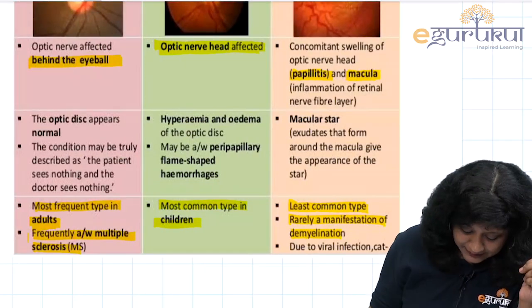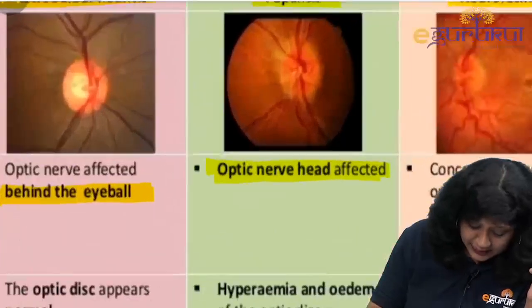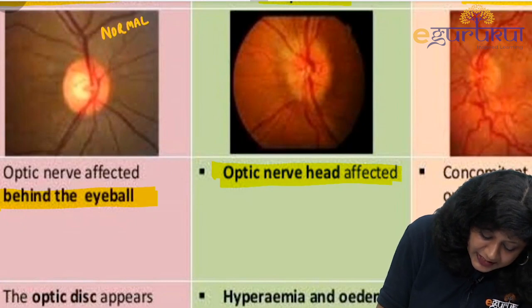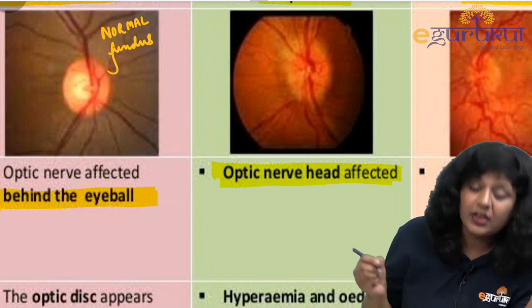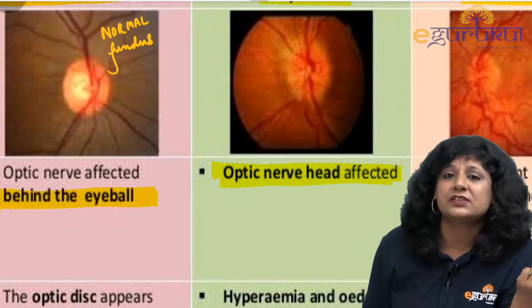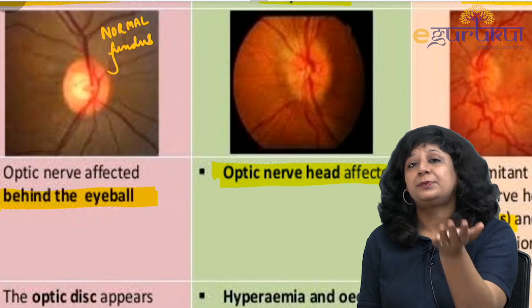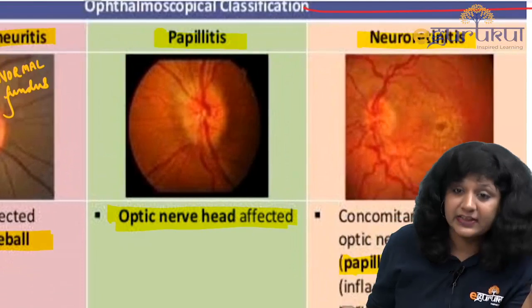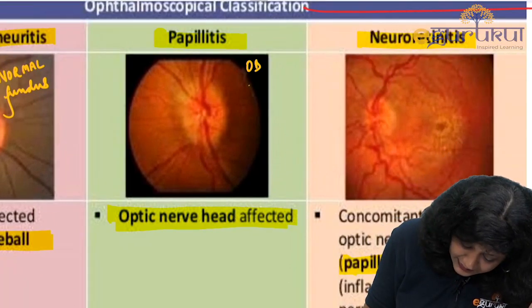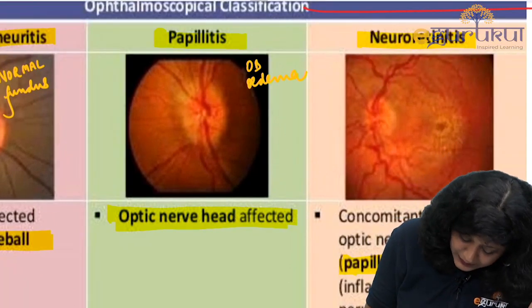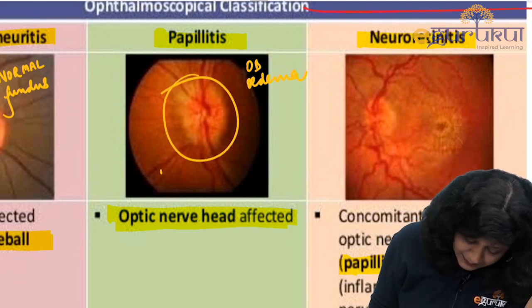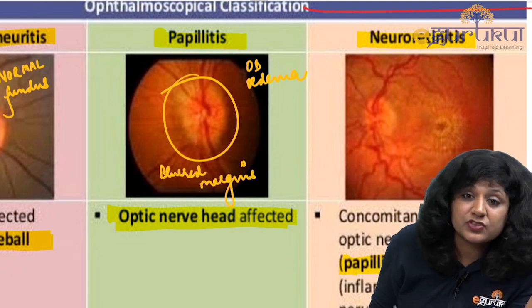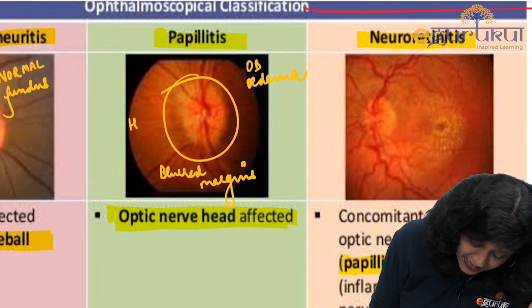Now, what are the findings here? In cases of retrobulbar neuritis, we have a normal fundus, and that is why it is said that neither the patient sees anything nor the ophthalmologist, because in these cases the fundus is absolutely normal and the part of the optic nerve which is outside the eyeball is affected. In cases of papillitis, we get optic disc edema, blurred margins, and hyperemia.